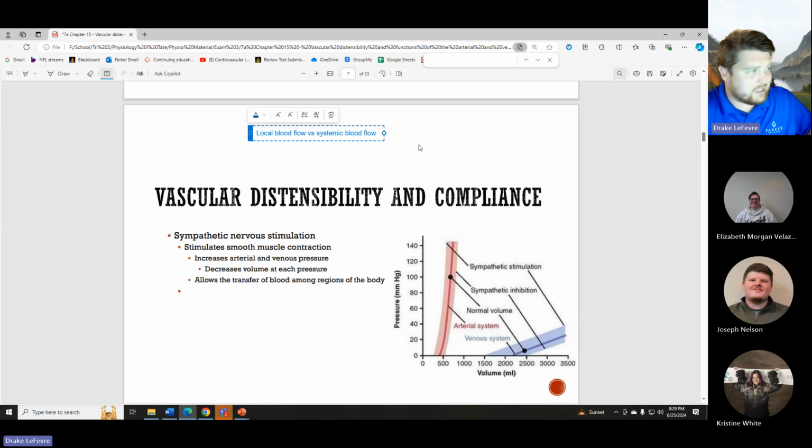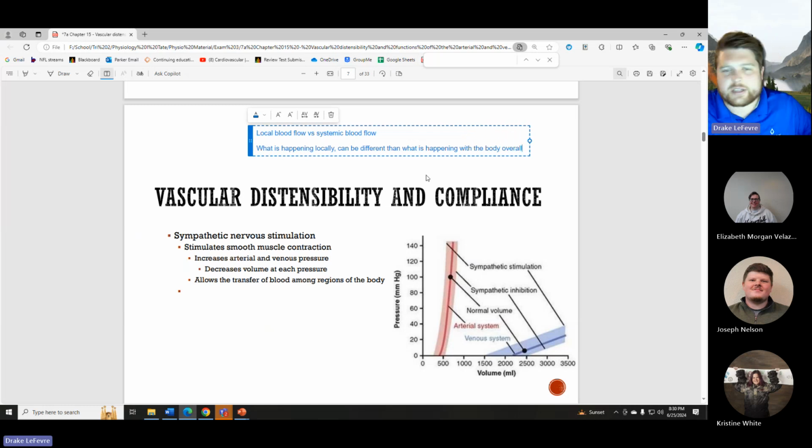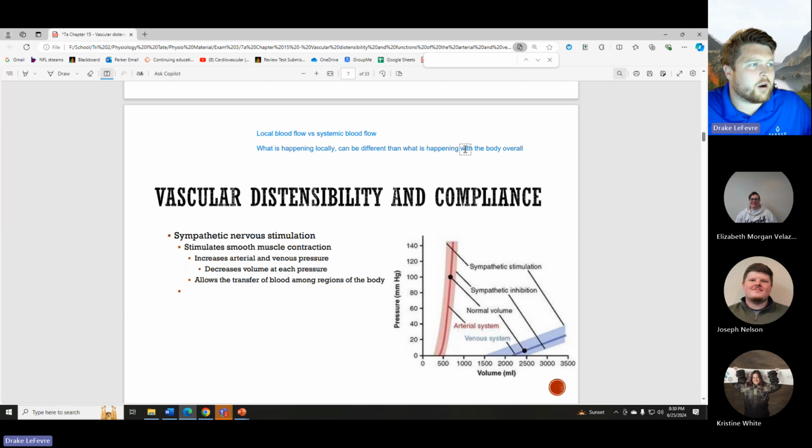But the idea behind this is what is happening locally can be different than what is happening with the body overall. So for example, if we're doing a bicep curl just on this one arm, all of these muscles here are getting activated and they need all the extra nutrients and oxygen.